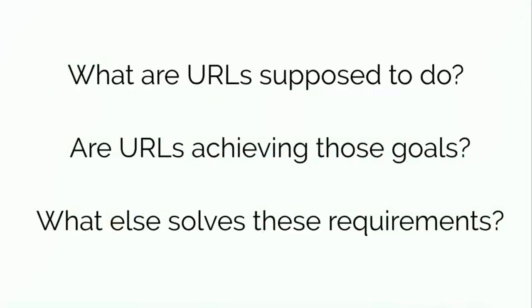So in the Chrome team, we've started to discuss what URLs are used for, what of these uses they actually succeed at, and then try to brainstorm alternatives that might better solve each of these requirements. And keep in mind here that we're not really talking about changing anything happening under the hood. We're not talking about dismantling DNS. It's just how we reflect these things in our UI.